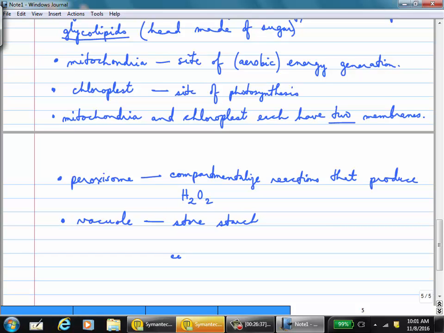So these organelles store starch, and they will also compartmentalize reactants, for example, metabolites in response to herbivory.